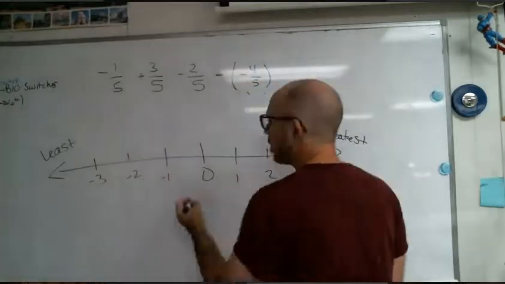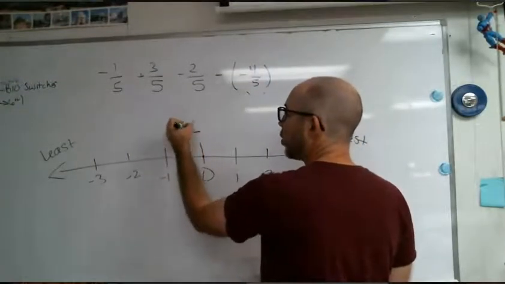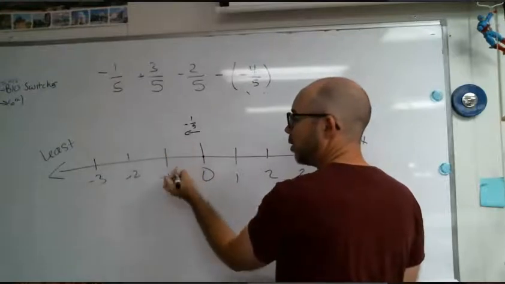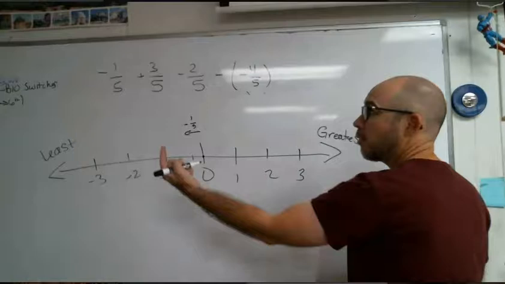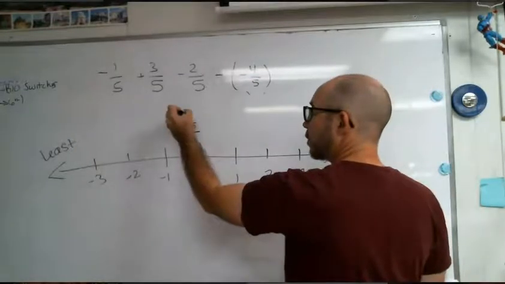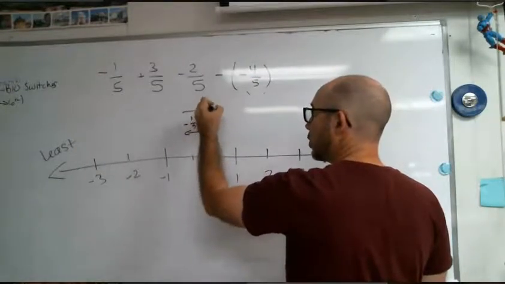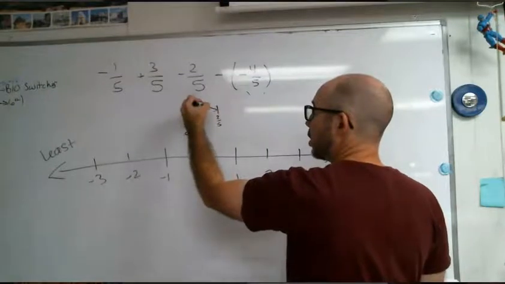So we could start here and go this way 1/5, to negative 1/5. We wouldn't get very far, right about there. Then we go this way 3/5 from here, so 1/5 and a couple more fifths. We'd end up at 2/5 by adding 3/5.